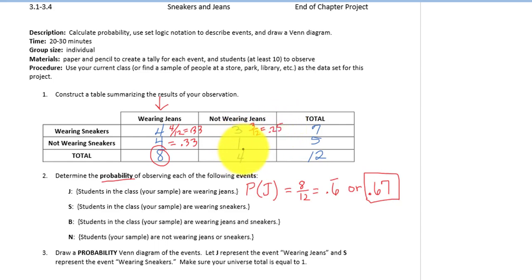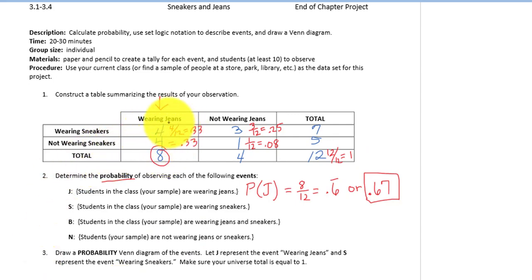And I would need to do the same with 1 divided by 12. That's 0.08. Of course, 12 out of 12 will equal 1. Remember, the total of probabilities must equal 1, nothing less, nothing more.